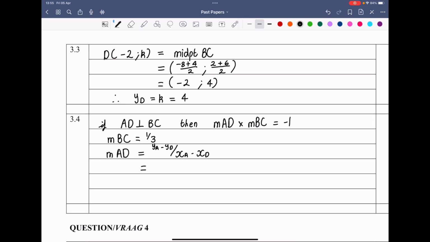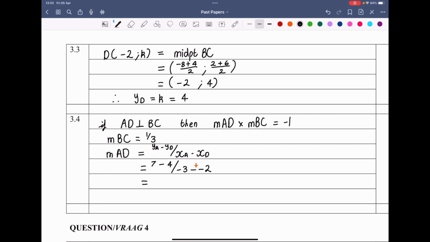So y of A I was given is 7, and y of D we just found to be 4. Then the x of A is negative 3 we were given, and that is minus the x of D, which is minus 2. So this minus minus 2 is going to become plus 2.